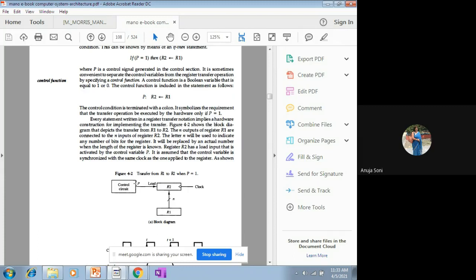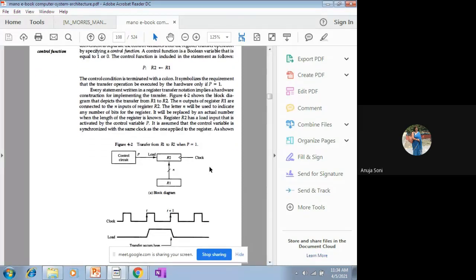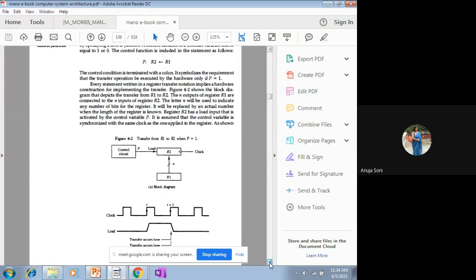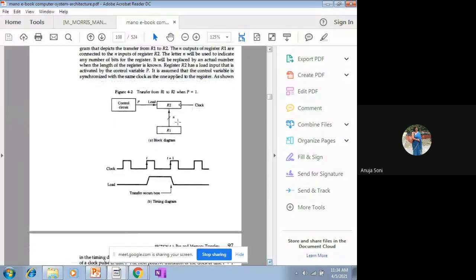Whenever P becomes 1, the load signal is enabled, and prior to that the clock is enabled. We'll say that with respect to the positive transition of the clock, P will be enabled. When P is enabled, the load signal will be enabled. When load is enabled, all n bits from R1 to R2 will be transferred. So what will be its corresponding timing diagram? This way, we'll have to draw its timing diagram.